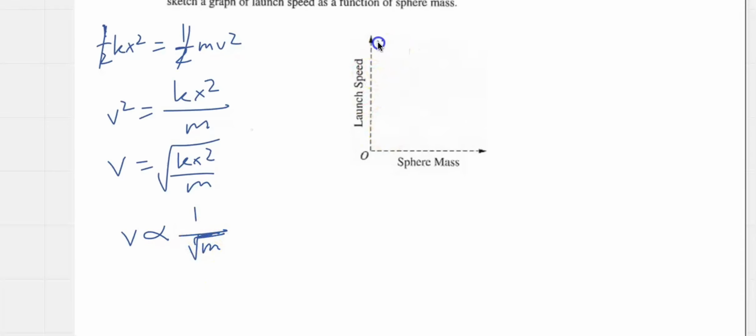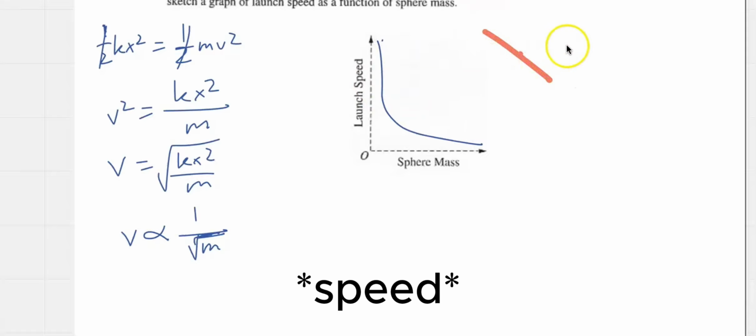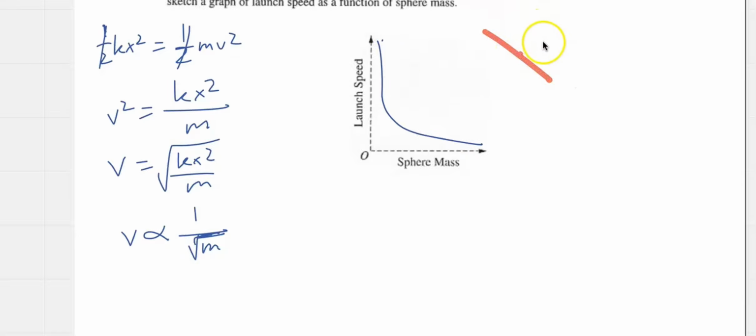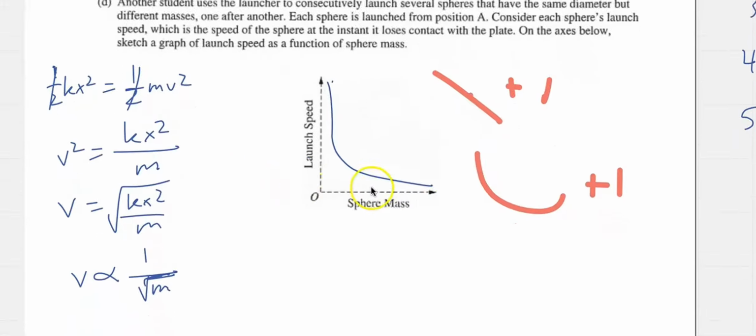It's going to look something like this. Something like that. So you get 1 point for having a decreasing graph. I'll give you 1 point. And then another one for having a concave up graph. That'll give you another point. And that is all for this FRQ.